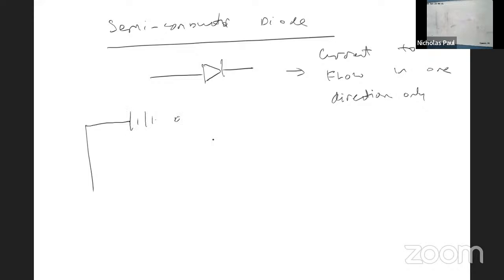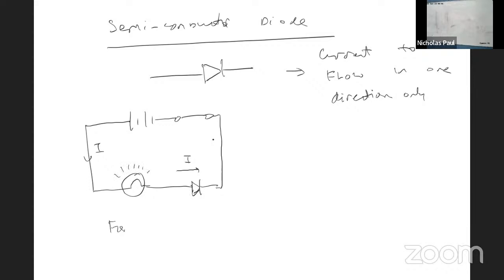So for example here, we have a diode. Oh, sorry, I didn't put the diode. It doesn't matter where you put it. You can put it before the bulb or after. Current going this way, in the same direction as the little arrowhead here, the bulb will light.